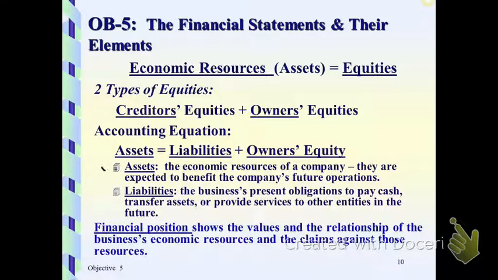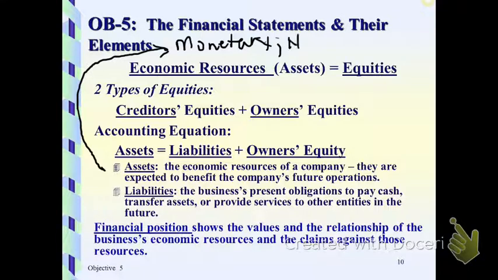In terms of our assets, we can break them down into three broad categories. Our monetary items include such things as cash and accounts receivable.